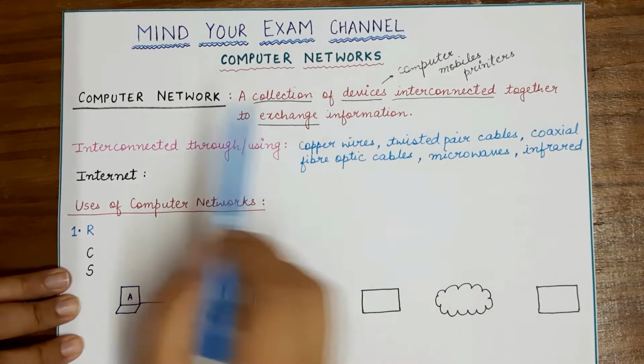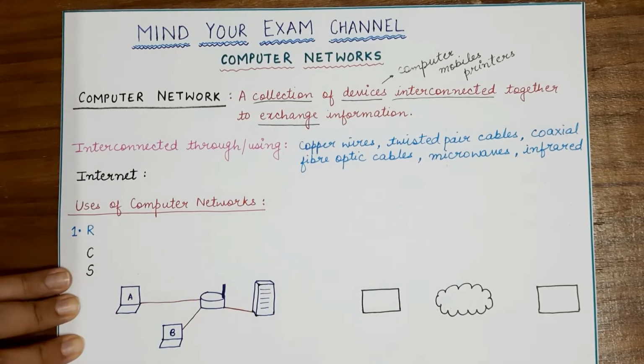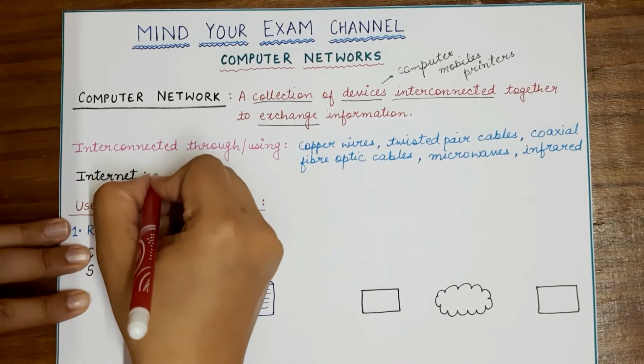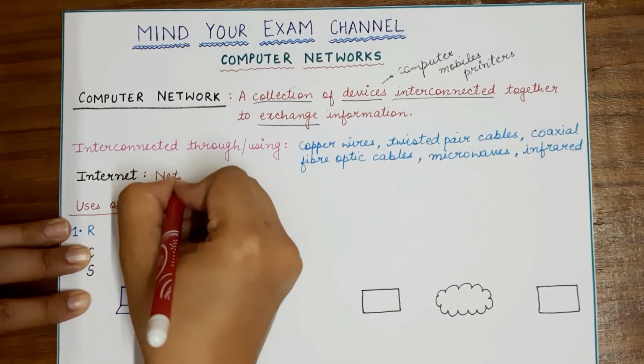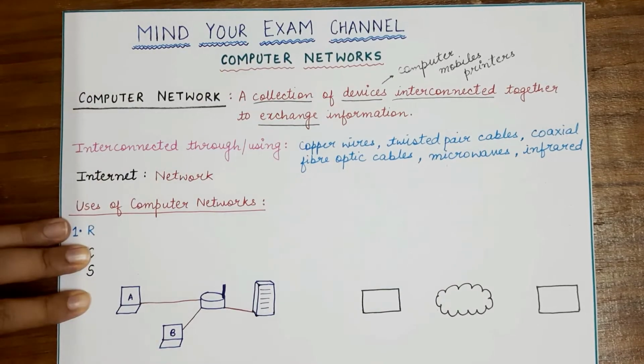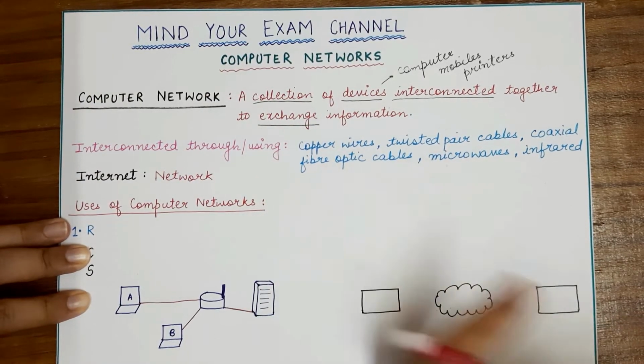Now when we study computer networks, you must know that the internet is also a computer network. Rather, it is the network of networks. It is the largest network that consists of a large number of networks across the globe.